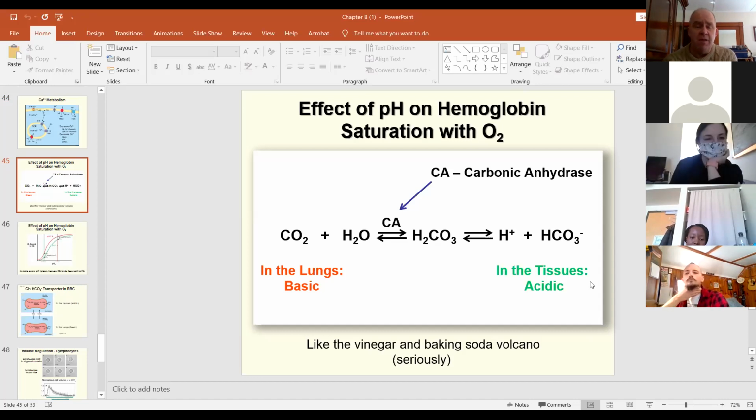It's really good at picking up oxygen at high oxygen tension and releasing it at low oxygen tension. Each hemoglobin molecule will bind 4 oxygens, and it's a cooperative thing. So at high oxygen concentration, they bind really, really well, and they grab onto it and they stick to it really well. At low oxygen, one comes off, and that makes the next one, and then the next one, and the next one come off easier.